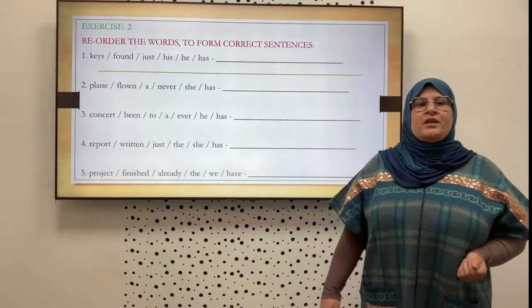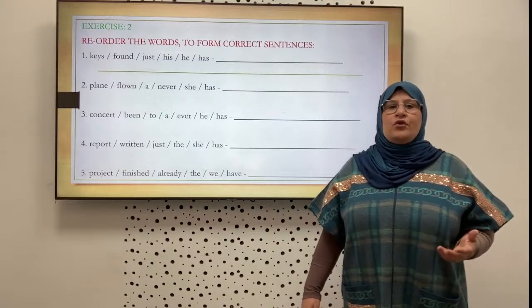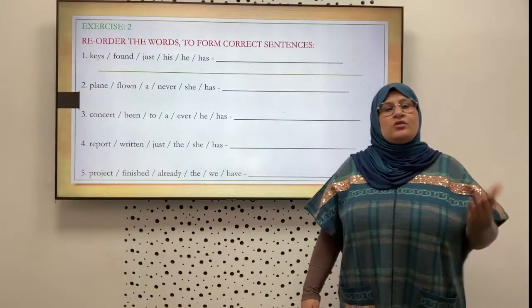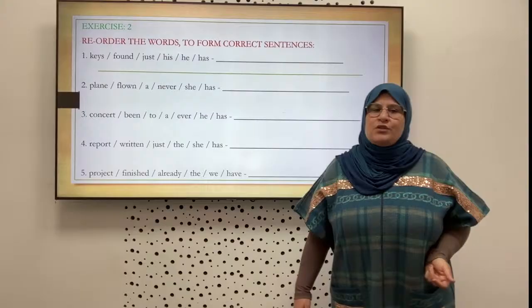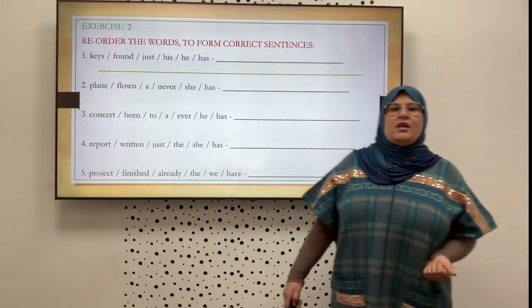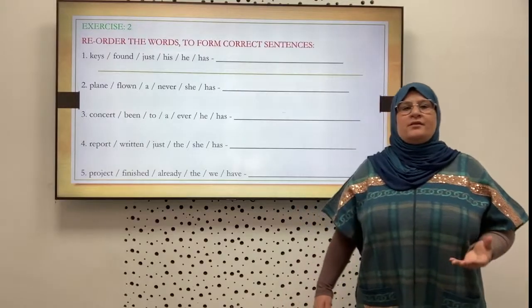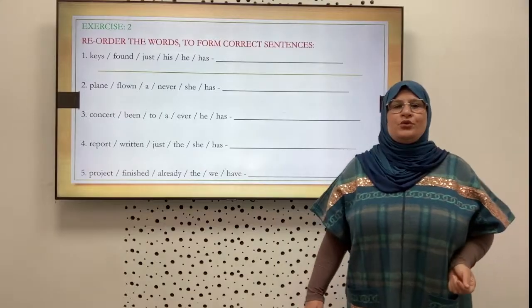So number 3: cancelled, been, to, ever, he and has. Okay, so this is a question with ever. So, has he ever been cancelled? Number 4: report, written, just, the, she and has. So she has just written a report.